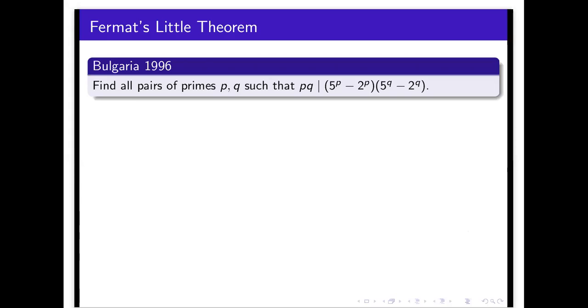Yeah, so we'll use Joshua's idea to take mod P and mod Q. And by this, we would want to try to apply Fermat's little theorem. So first we'll assume that P is greater than or equal to Q because the equation is symmetric.